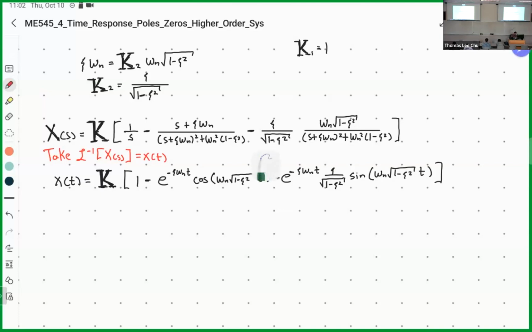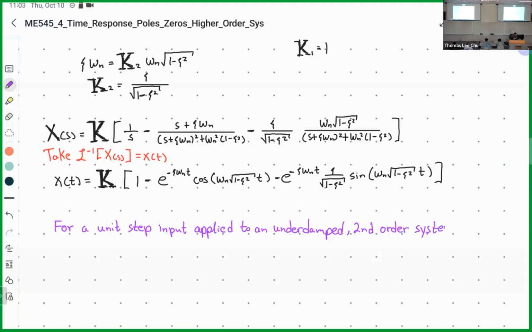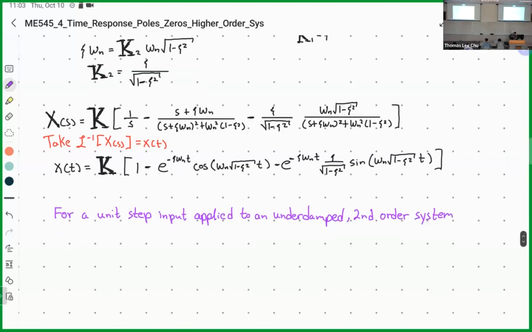So to give you a final equation right here for a unit step input applied to an underdamped second order system, we get this.